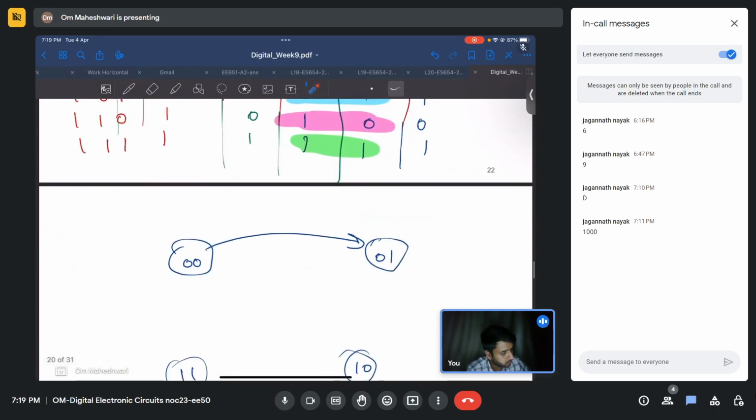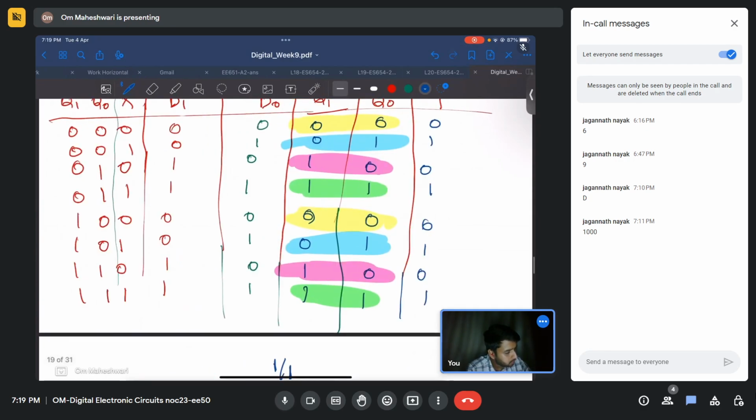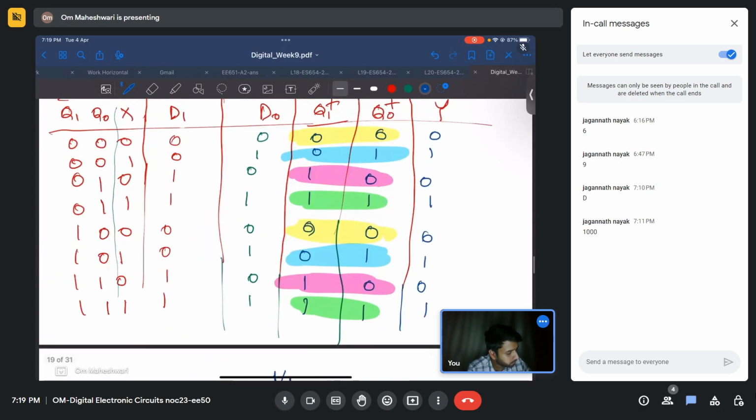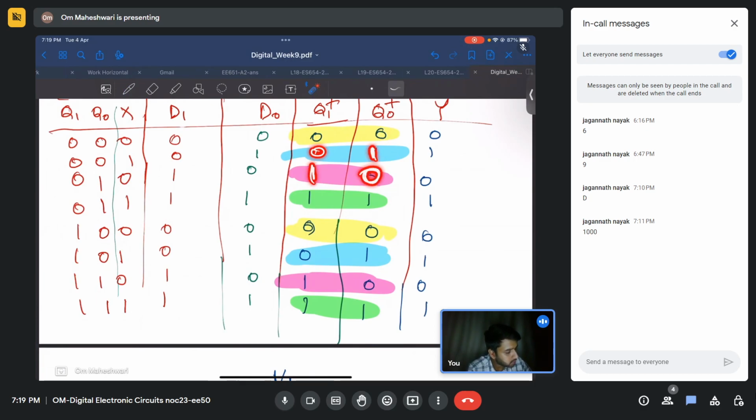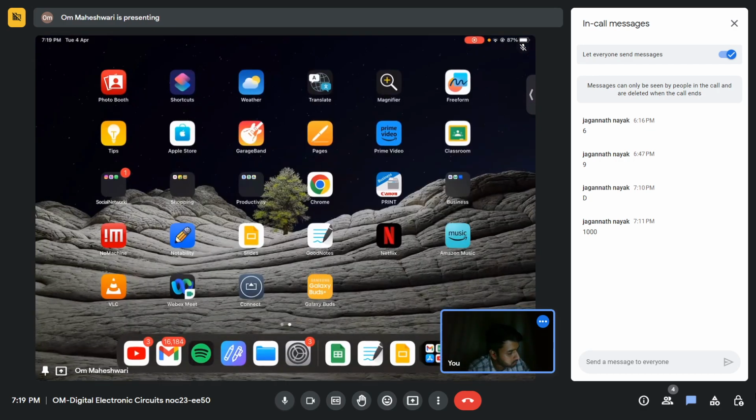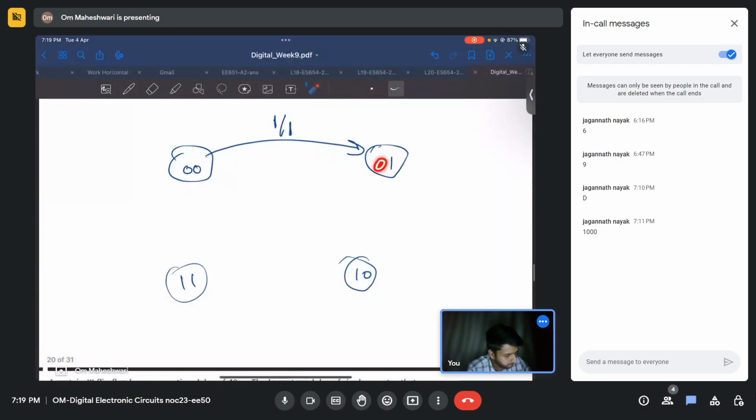So we'll write here 1 1. We'll go from 0 1 to 1 0. X is 0, Y is 0. 0 1 to 1 0. X is 0 and Y is 0. 0 by 0. We write this X by Y.